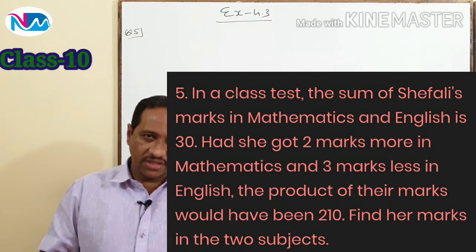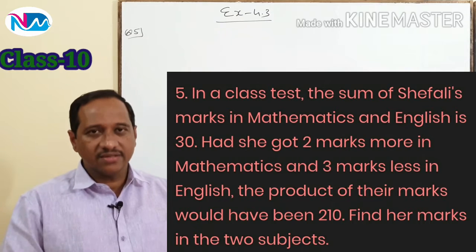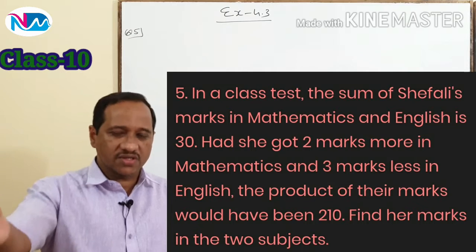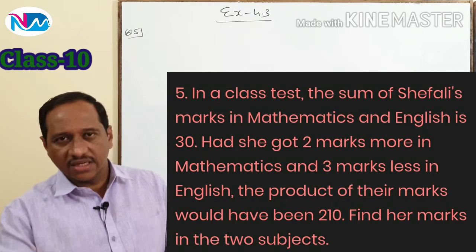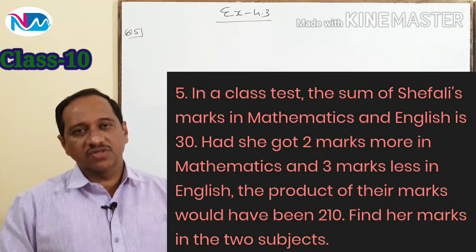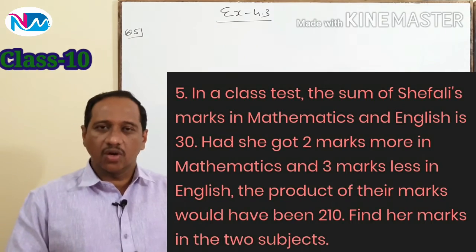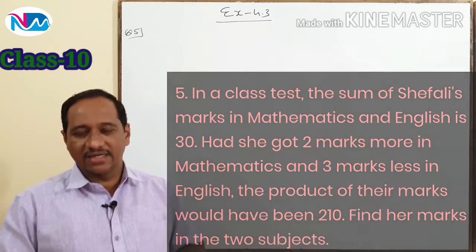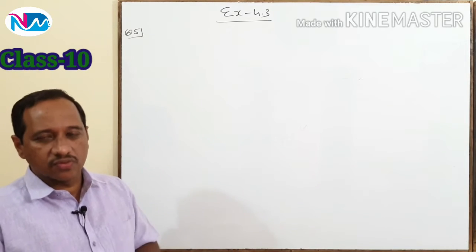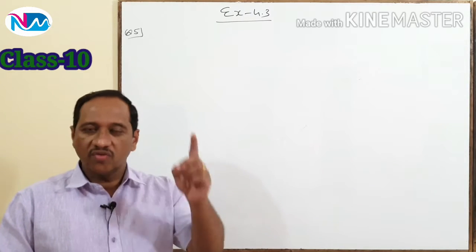Here, the question is to find the marks of two subjects, mathematics and English. According to the question, it is given that the sum of the 2 marks is 30, and it is also given that had she got 2 more marks in mathematics and 3 marks less in English, then the product of the 2 marks would have been 210. Find the marks of mathematics and English. So here the two unknown values are the marks of mathematics and English, but we can use only one variable.